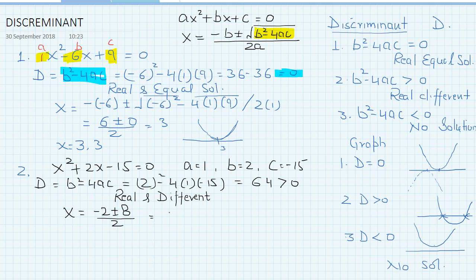So that is equal to minus 2 minus 8 over 2 and minus 2 plus 8 over 2. So the roots are minus 5 and 2. So these are real roots, and if you draw the graph for this, this is minus 5, this is 2, so this will be the graph.